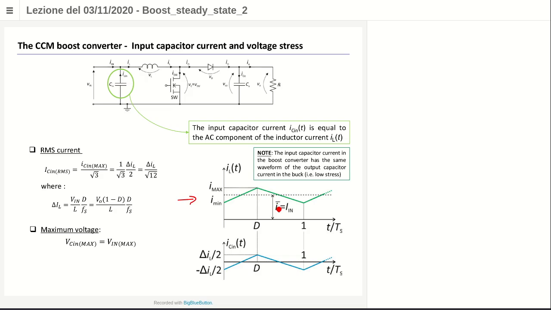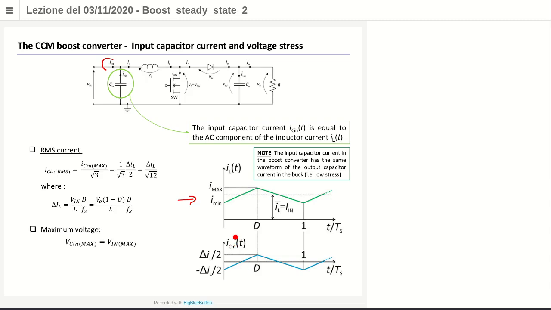So eliminate the DC input current, the average value, and you get this totally AC contribution. This current here is the input capacitance current. If you add this input capacitance current to the DC input current, you get the inductance current. Nothing surprising. We did this kind of reasoning also for the buck.